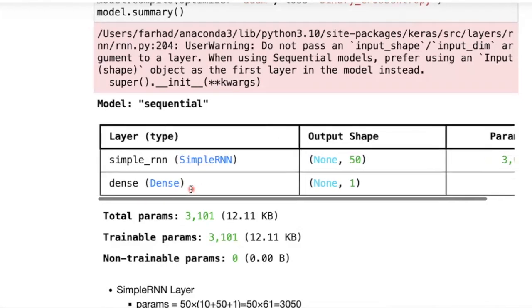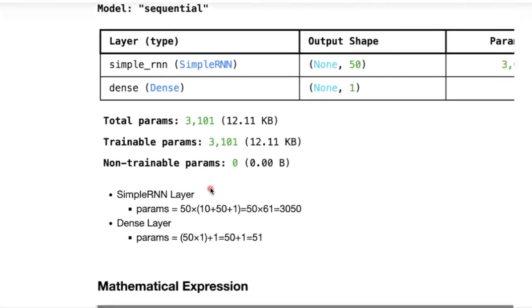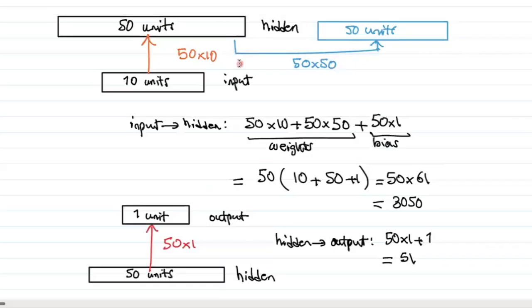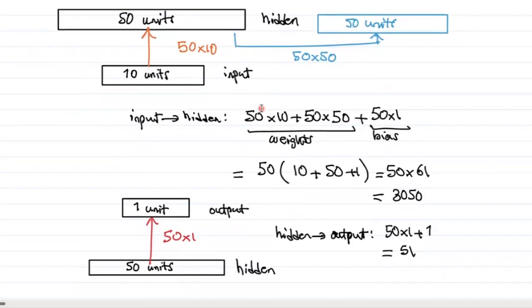So you can see that we have a total of 3,101 parameters. And I want to do the math and solve this manually, by hand, to show you why this is the case. So remember, at each time step, we have 10 input units. We have this hidden state, which has 50 units.